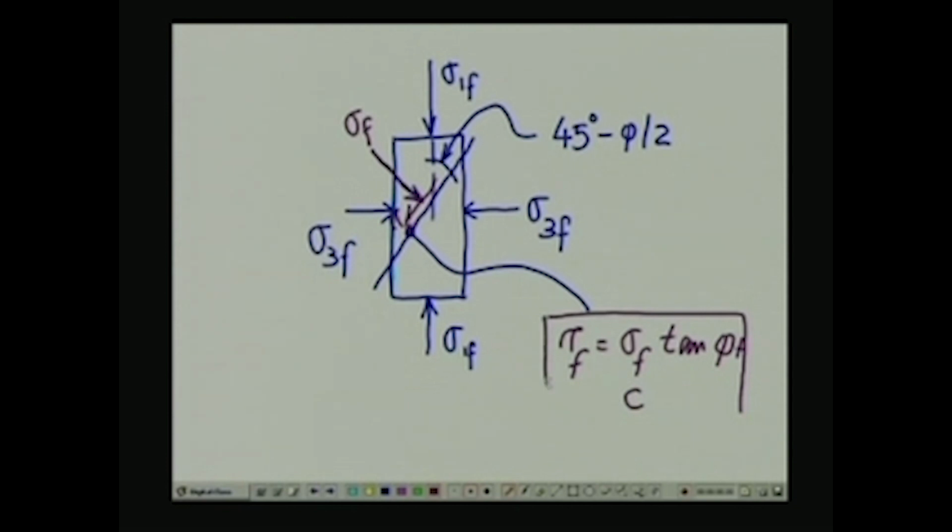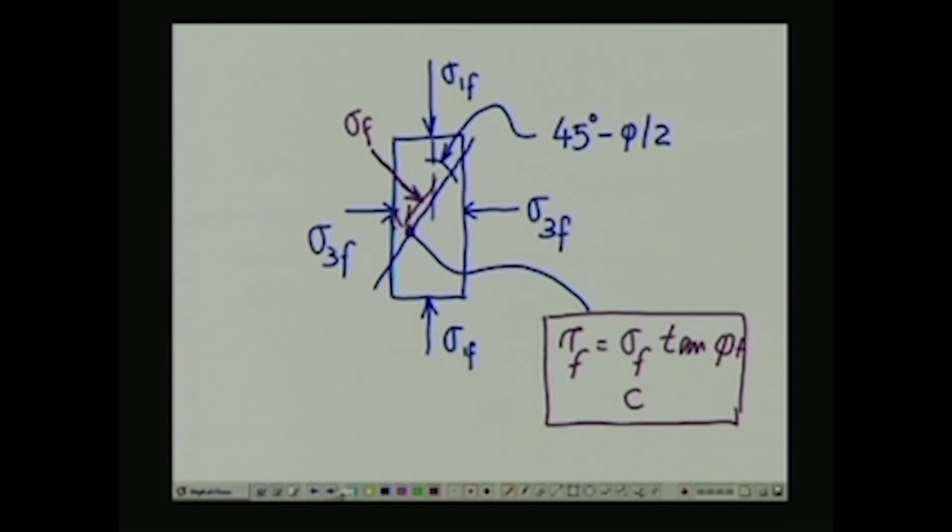Okay, so on this particular failure plane, the value of the shear stress that leads to failure reaches a critical value given by a combination of the normal stress on that particular plane and some material properties, namely the friction angle and the cohesion intercept.